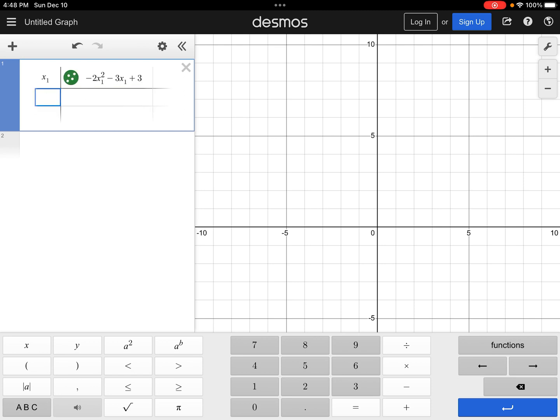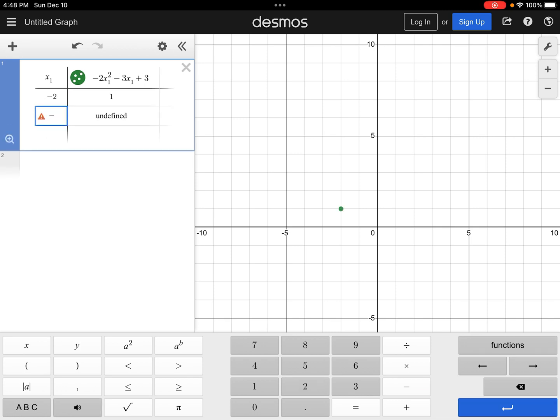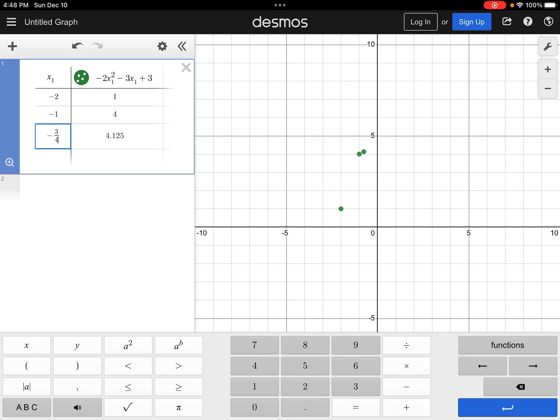And so my graph is going to start at negative 2, and then I'll go negative 1. Then I'll put in my vertex, which is negative 3/4, and I'll go 0 and 1. My points aren't equally spaced, but you can still see the parabola there, can't we? So at negative 2, I'm up at 1.